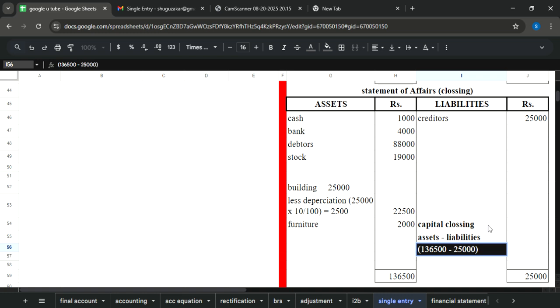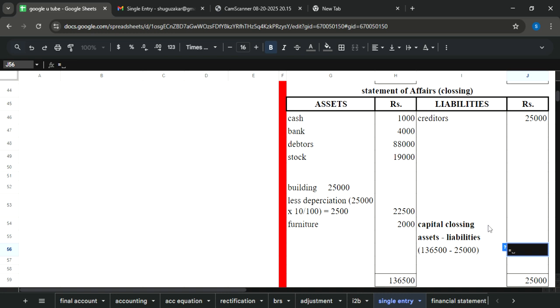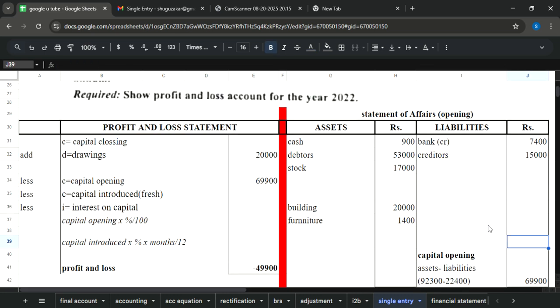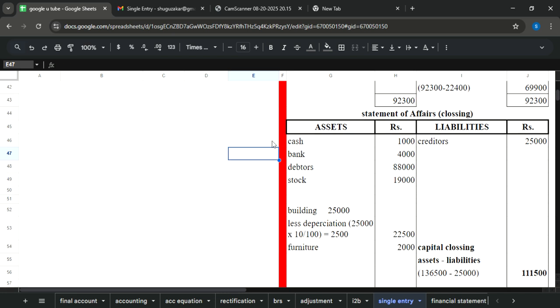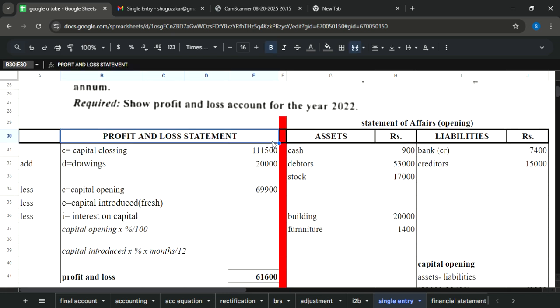In this way you will calculate your capital. What I have said, total of asset side 136,500 and 25,000 is your liability. So guys, in this way, 111,500 is your closing capital. You will come over here, 111,500. Once again, we should check. 111,500, and we have written 111,500, 20,000 drawings, capital opening.